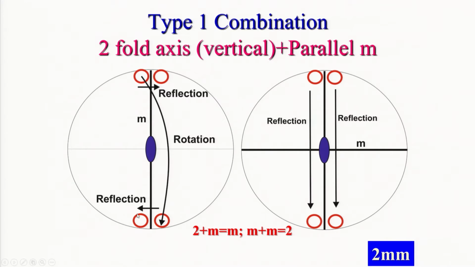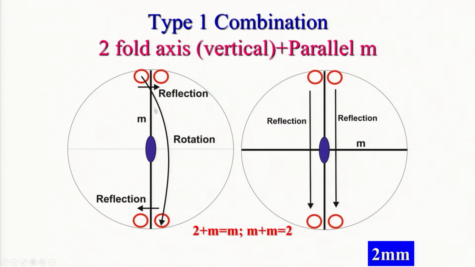Immediately you can understand that two operations will be going on simultaneously: the rotation with respect to the dyad axis, and also the simultaneous reflection with respect to this mirror plane, whose symbol is given as M.